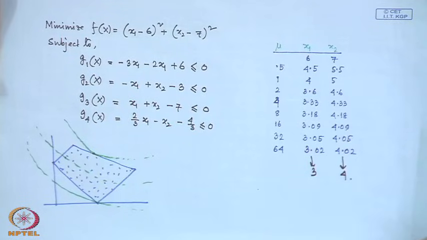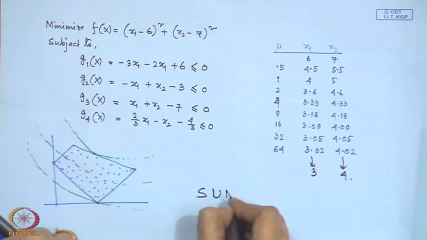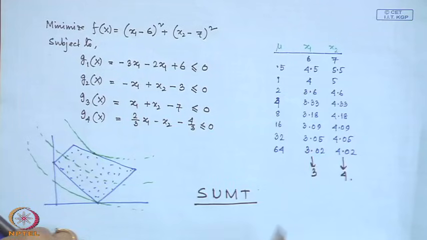We need not solve the constrained problem itself; we are solving a sequence of unconstrained problems. That is why it is also named the sequential unconstrained minimization technique.